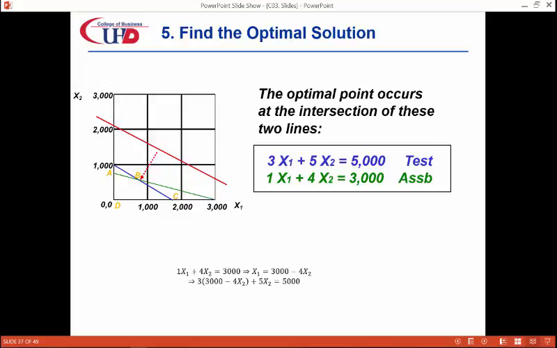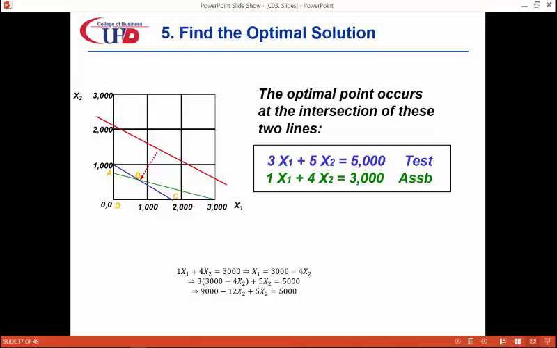Plug such relation into the testing equation. That is, replace x1 in the testing equation with 3000 minus 4x2. We have an equation on x2 only.